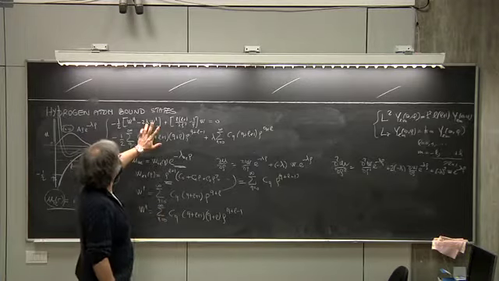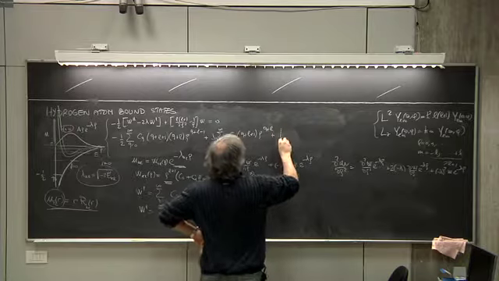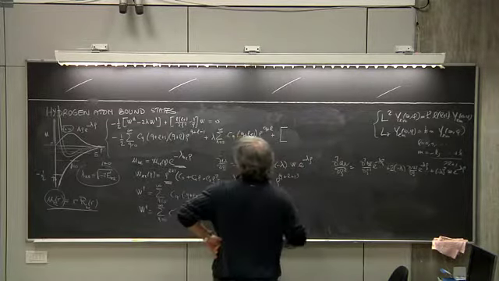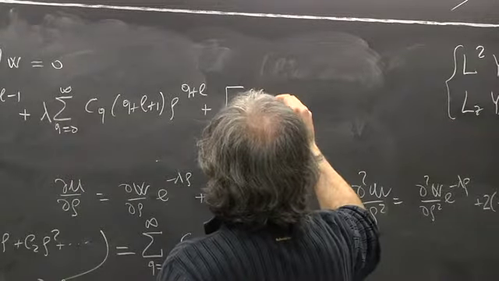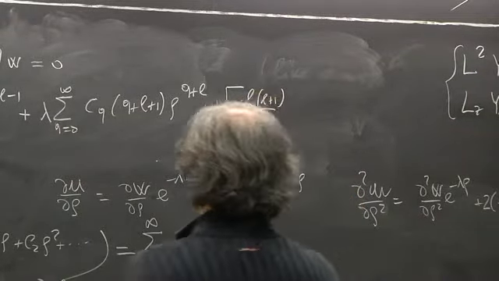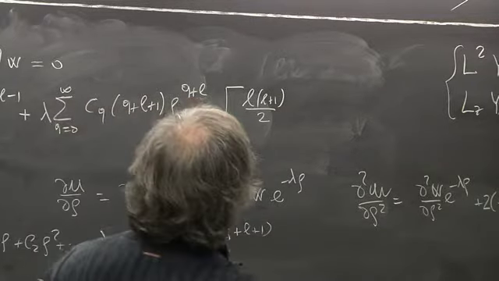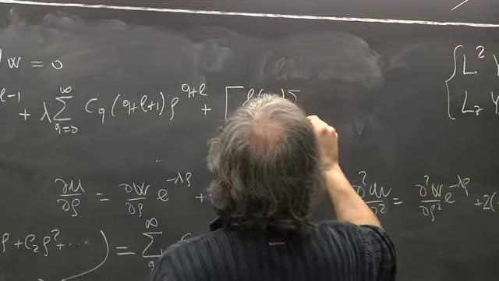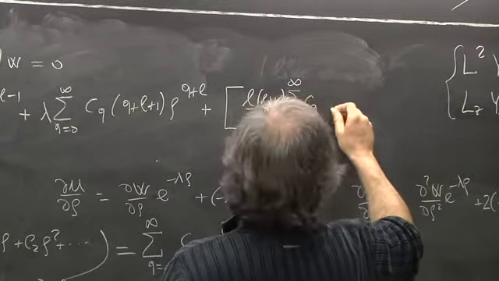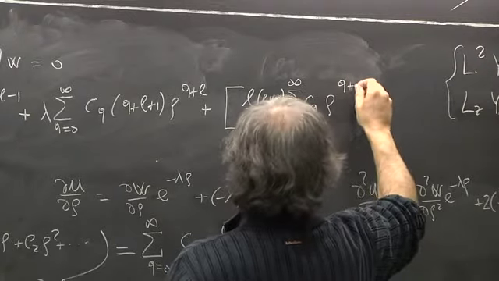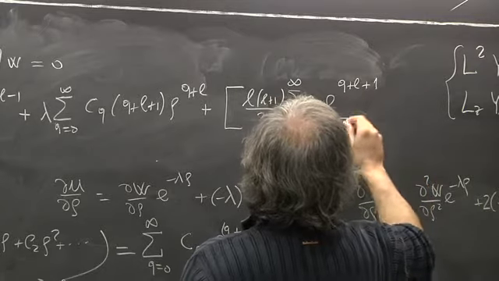This is this term. And then I have these two guys here, plus the first, (l+1)/2, the sum over q from 0 to infinity, c_q, ρ^(q+l+1) divided by ρ squared.